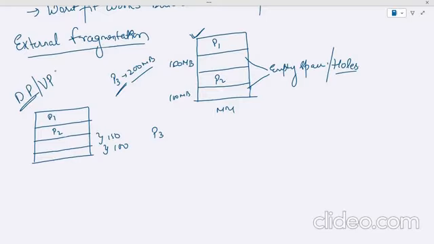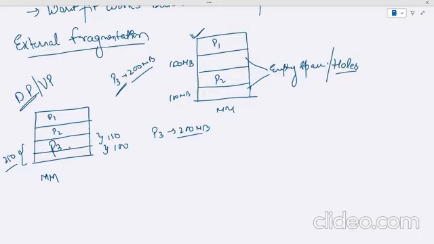We can give a process whatever memory it needs if main memory has that much space. So if P3 needs 200 MB, and the collection of these blocks is 250 MB, 200 needed, 250 we have. Now we can provide these blocks to P3, and P3 gets the space in main memory.